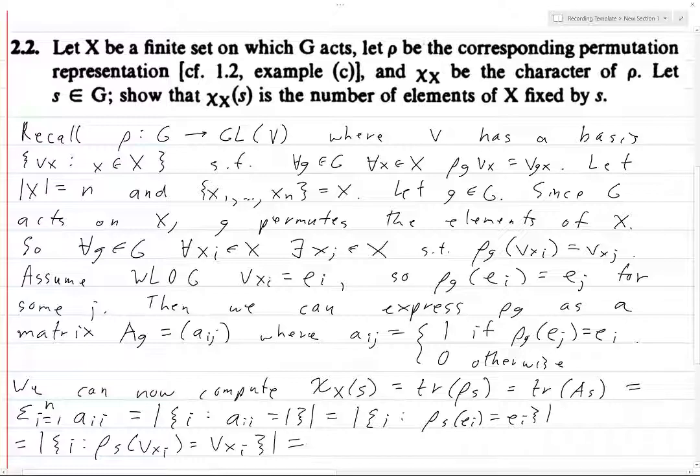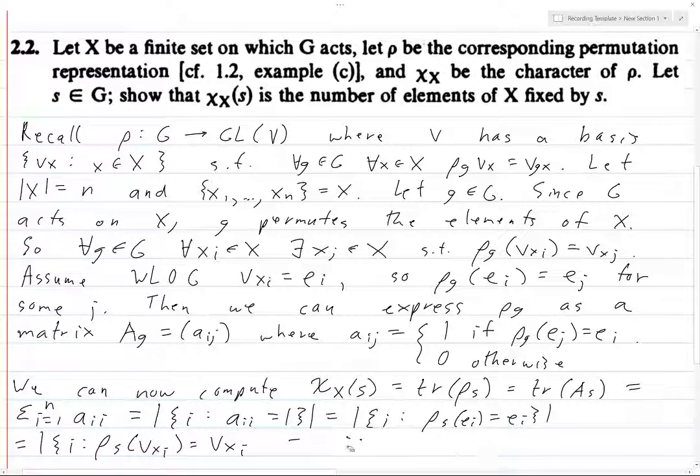And so now this is the number of elements i such that s applied to x_i equals x_i.